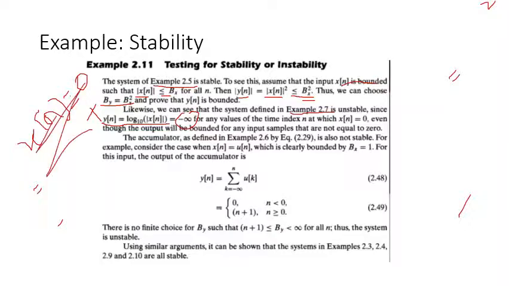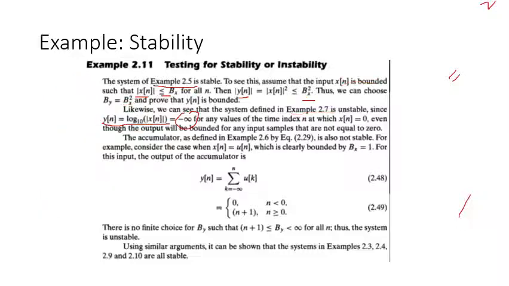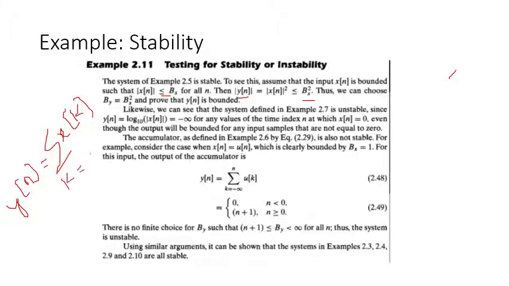Now, a few other examples of stability are the accumulator system. If you remember from our previous slides, this is the form of the accumulator system: y of n is equal to the summation of x of k, k from minus infinity to n. So we are considering the input equal to u of n.